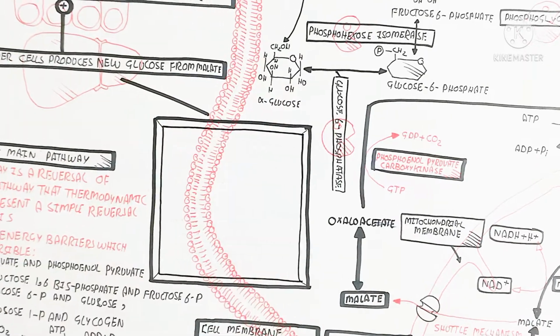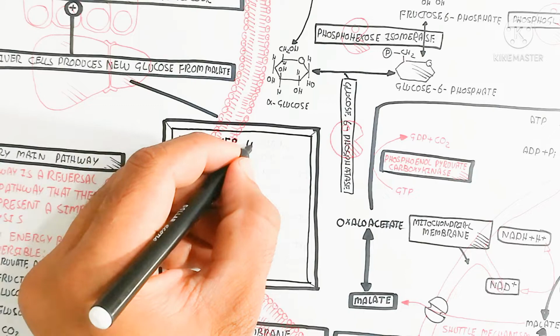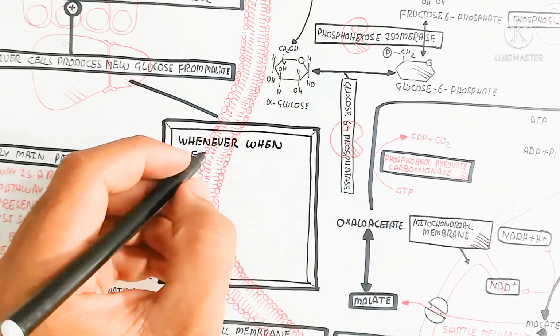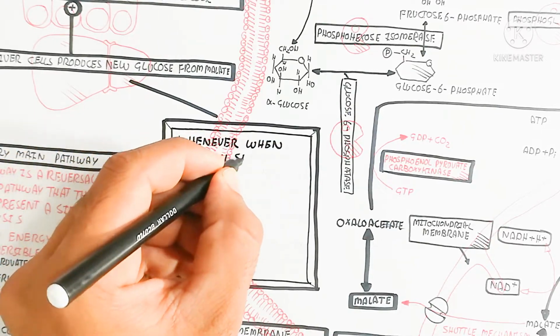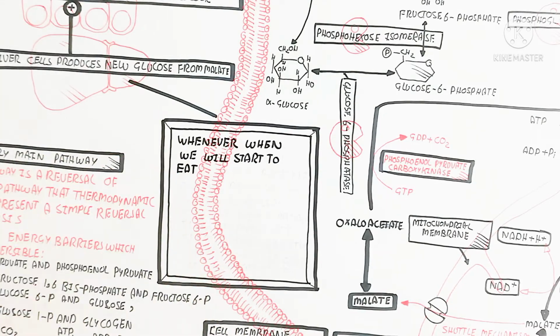So when we start to eat after fasting, the reaction will again be reversible to continue for the production of pyruvate from glycolysis, the breakdown of glucose into the pyruvate.